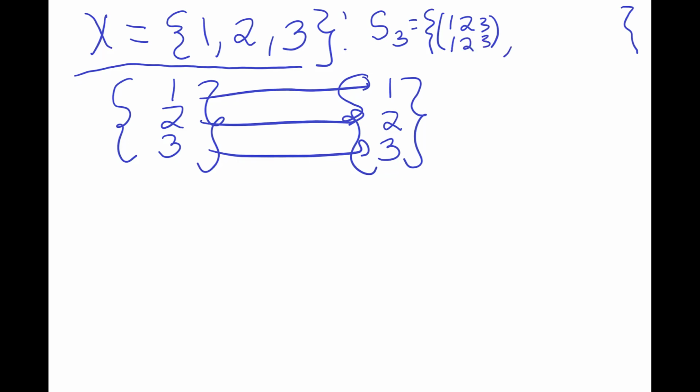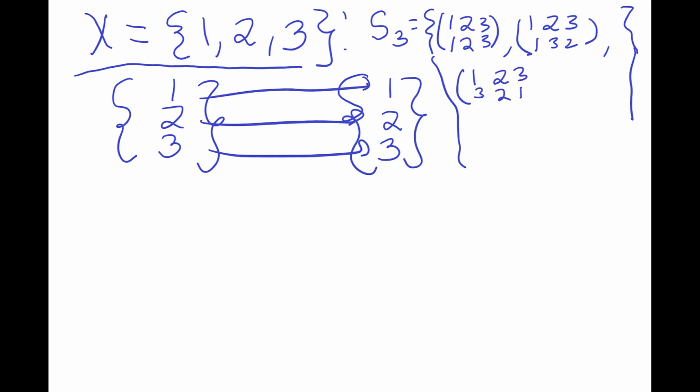Now we are looking at different maps. Let's keep 1 fixed and interchange these two. Let's make the list bigger. Then let's keep 2 fixed and interchange 3 and 1 with each other.